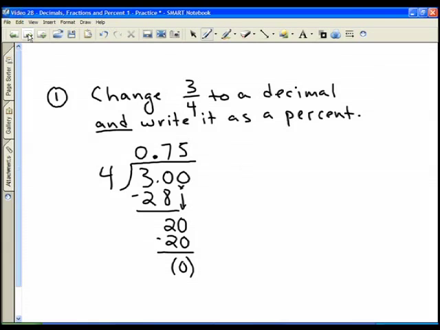So now we have 3/4 is equal to 0.75, and we can represent any number as a percentage by moving the decimal point over 2 spots and making the fraction having a denominator of 100, of course. 0.75 is equal to 75 over 100, and that's equal to 75%.